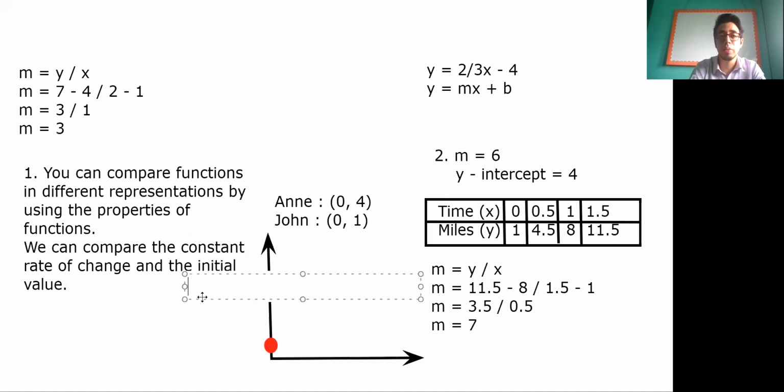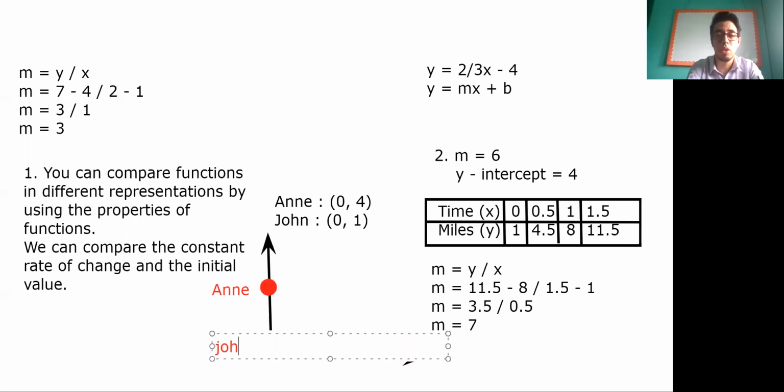This is for Anne, and the other one is for John. I'm going to write the coordinates. So this is for John, this is for Anne.